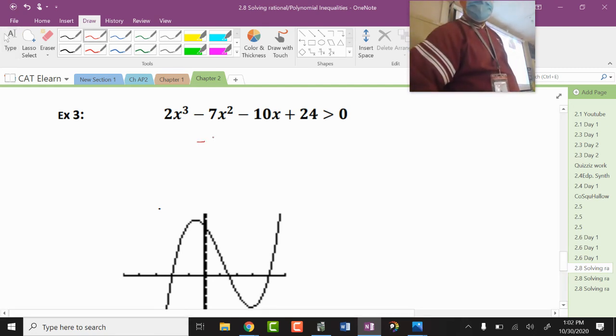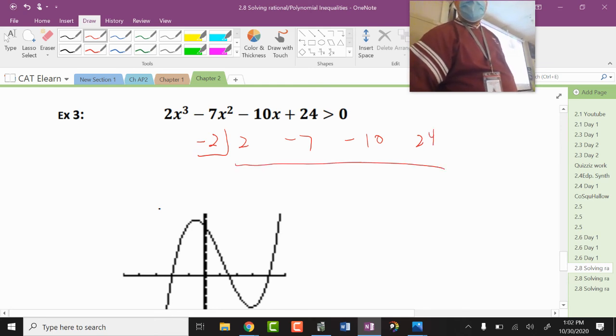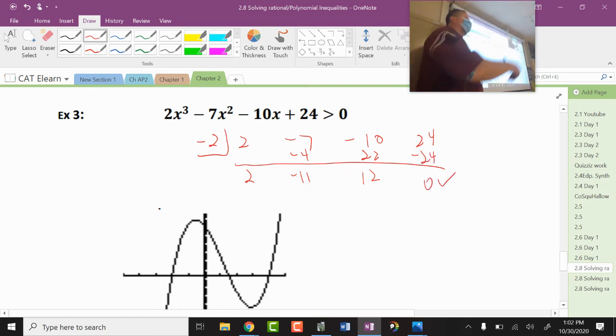I'm going to prove it. Because one of the other zeros is a fraction or a decimal. 2, -2, -4, -11, 22, 12, -24, 0. Perfect.